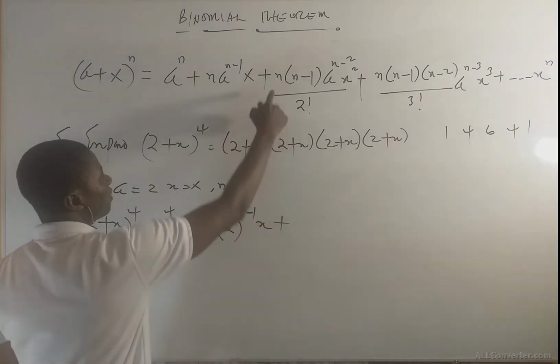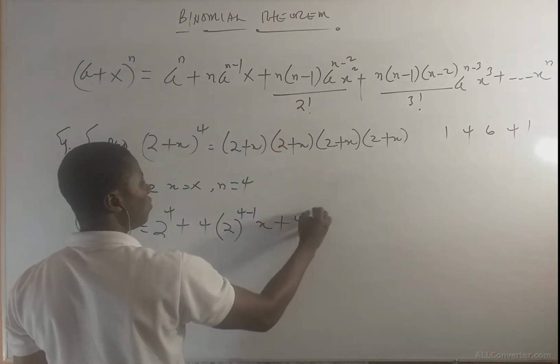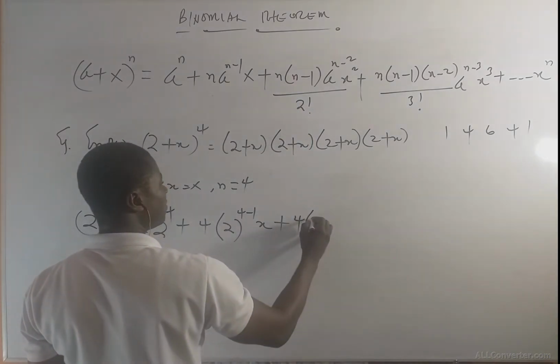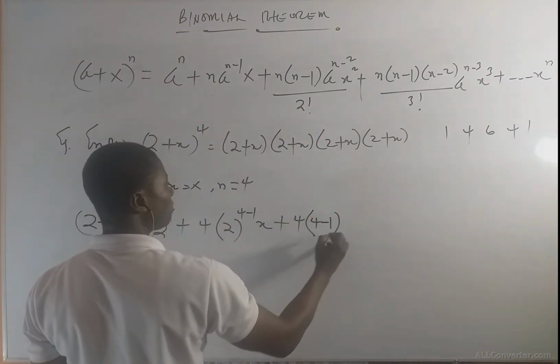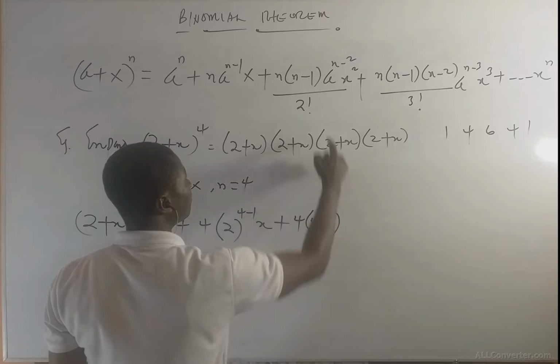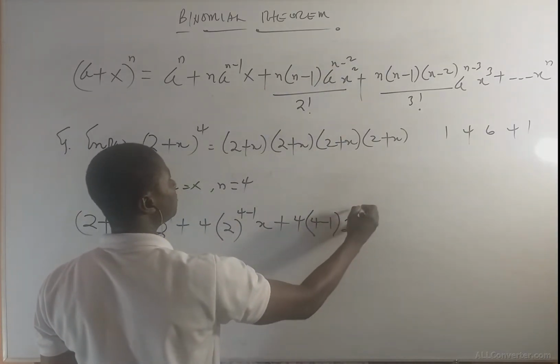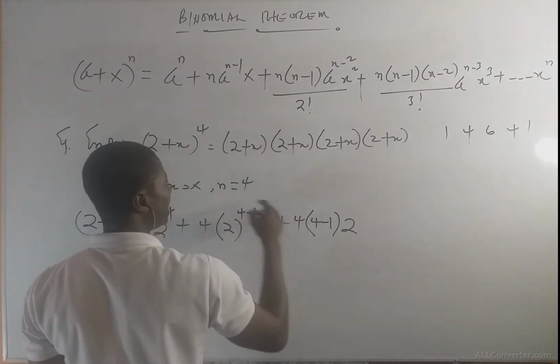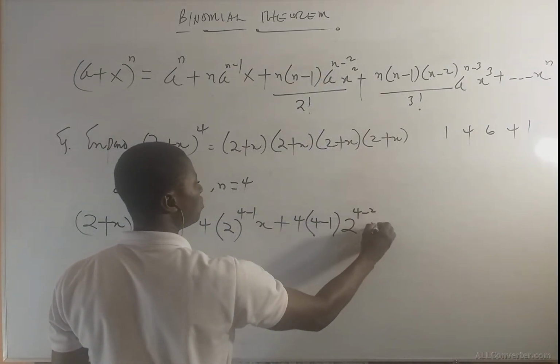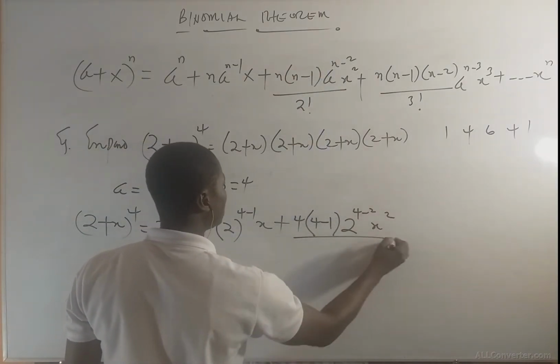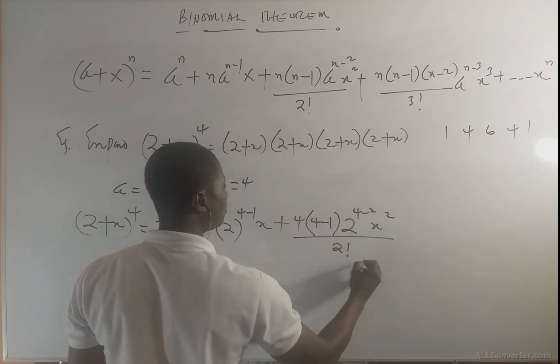Then plus you have n, and n is 4. Then you have n minus 1, so 4 minus 1. Then you have a exponent n minus 2, and a is 2. So 2 exponent n minus 2, and n is 4. So you have 4 minus 2. You have x squared, and this will be over 2 factorial.